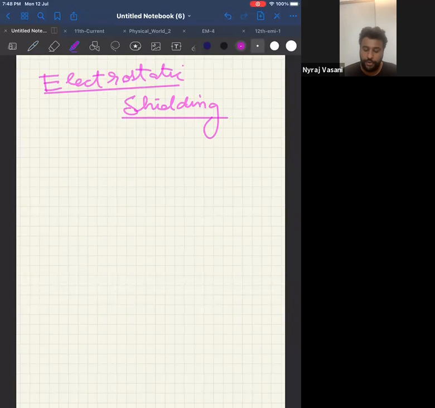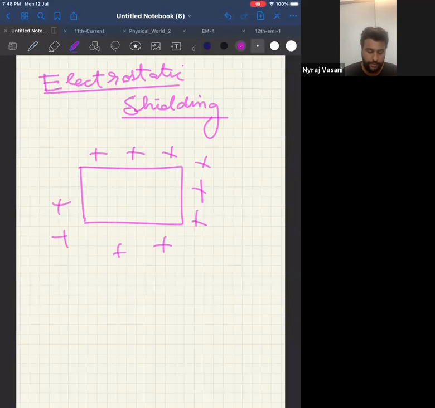So I have told you that inside any charged conductor, the electric field will be 0. Correct? That is why during lightning, sitting inside a car will make more sense, because you will not get the electric field inside the car. Or very high sensitive devices are placed in such a box so that no field goes inside.